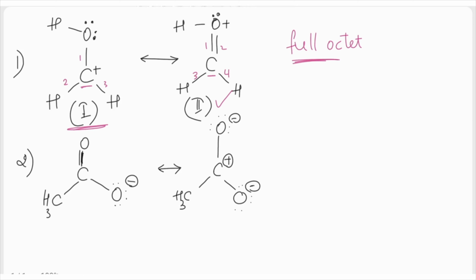And the resonance structures with fewer charges on them are more stable compared to those which have more charges. If you look at the second example, in the first form there is only one charge, on oxygen. An electronegative atom with a negative charge is a bit more stable compared to an electronegative atom with a positive charge.